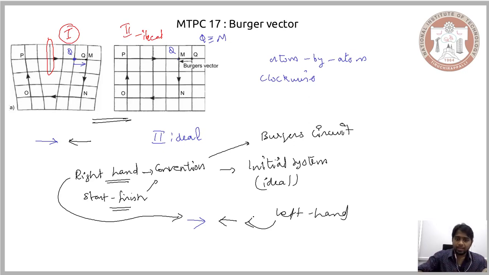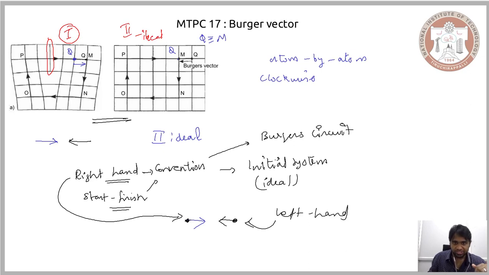Now, irrespective of the convention you take, it is also important to note that the distinction between edge and screw dislocation that is brought about by the direction of the Burgers vector is not disturbed. Even though the direction is opposite depending on the right or left hand convention, it is still perpendicular to the dislocation line that is pointing towards us.